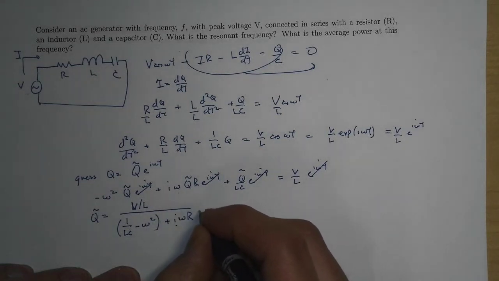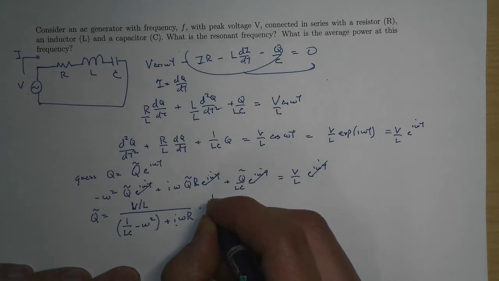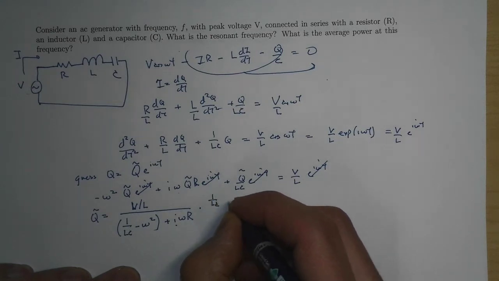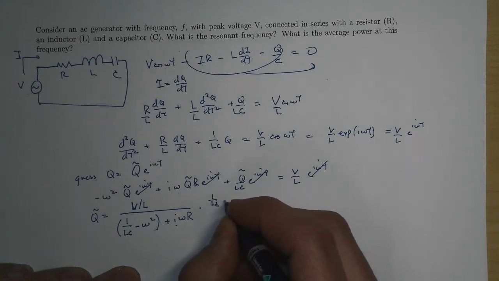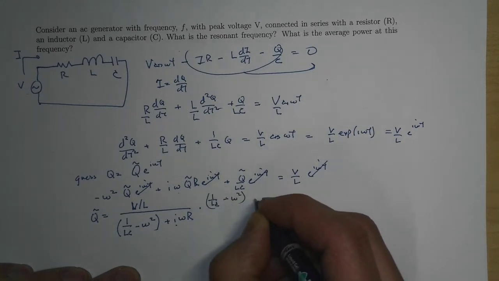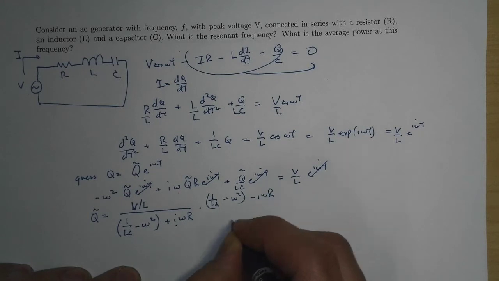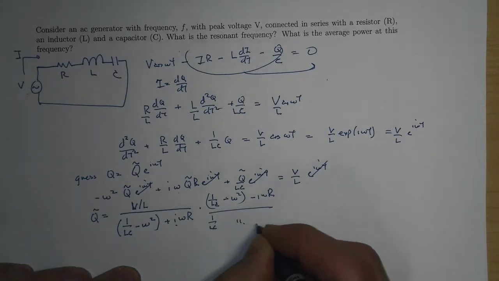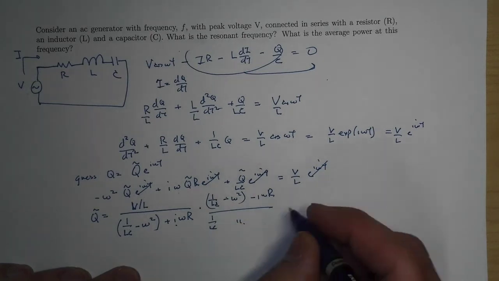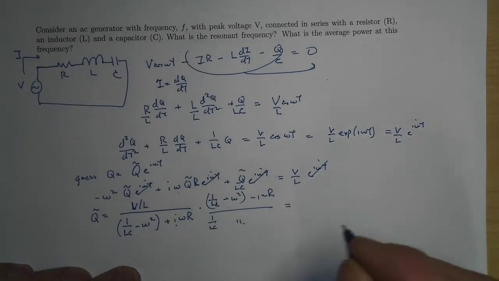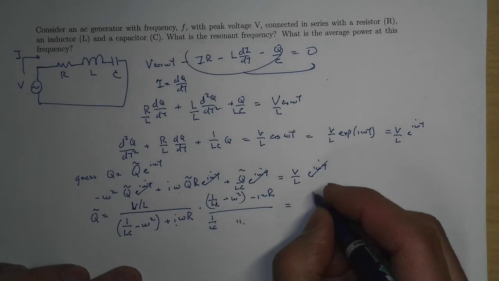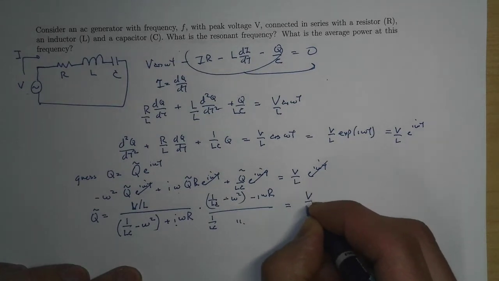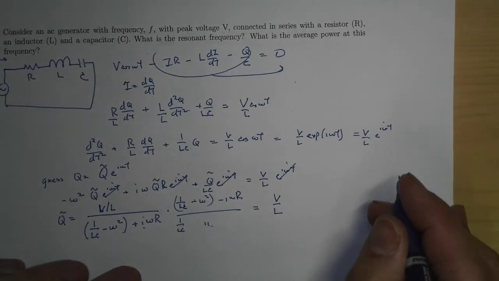In order to do that, I have to multiply this by 1 over LC minus omega squared minus i omega R divided by the same thing. It's the same thing. So when you multiply this out, what you will get is going to be V over L.